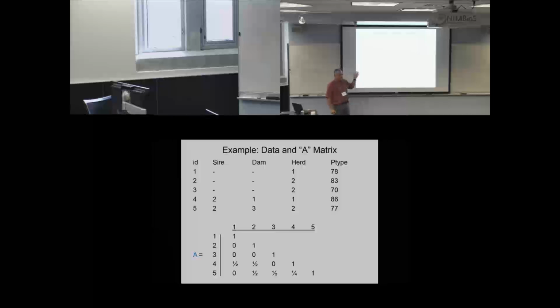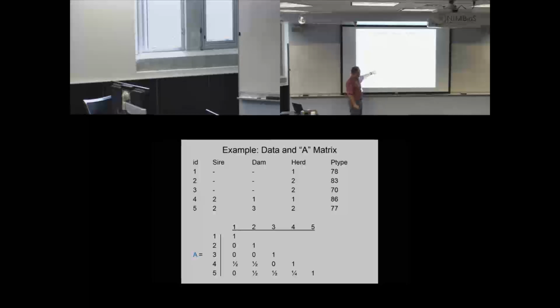Finally, let's take a look at this A matrix that Steve is interested in. We get our information to put into the A matrix from the relationship among the individuals in the pedigree. So we have individual 1 through 5 as rows, and individual 1 through 5 as columns. Individual 1 is related to individual 1 by a value of 1, right?